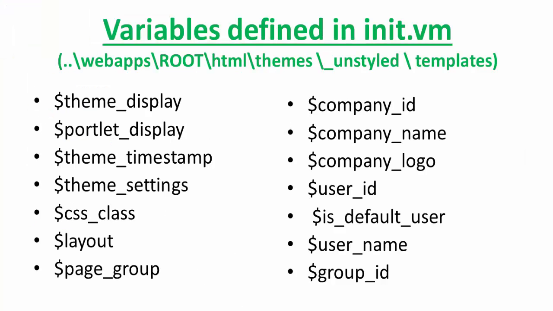Now there are some variables defined in this. For user ID, I used the method user.getUserId, but you can directly use the variable user ID. There are some variables which are already defined in our init.vm, which is available to us in our theme.